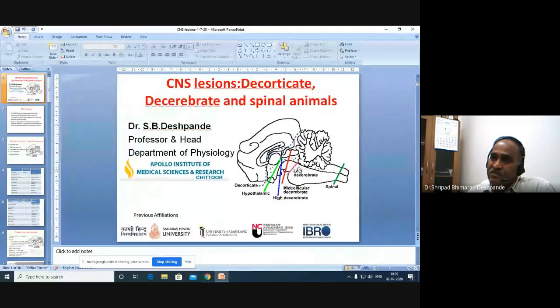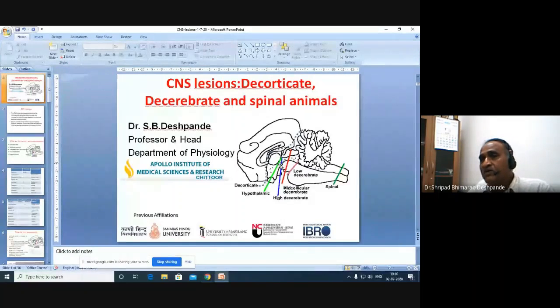And then you can go a little above, to the upper pontine region, where we have seen the pneumotaxic center and apneustic centers of the respiratory system. So there will be a problem with the respiration. Apneustic breathing may come. This is the low cerebrate region. This is one section. Then comes the classical red one, the mid-collicular section, and then the blue one is the high collicular section.